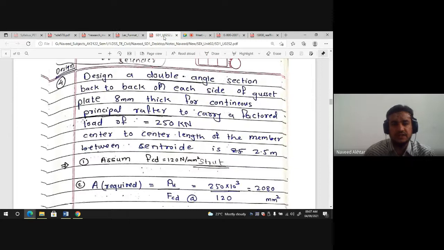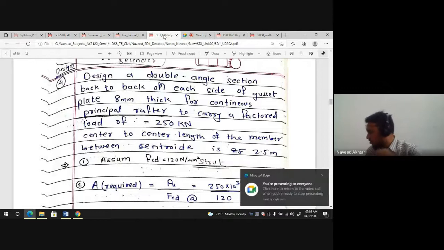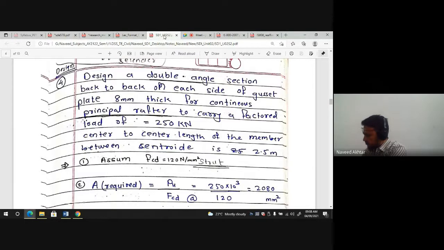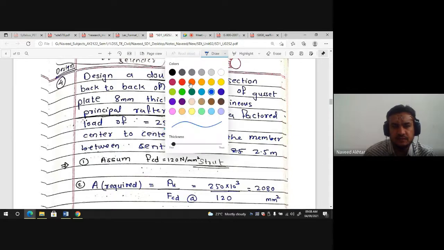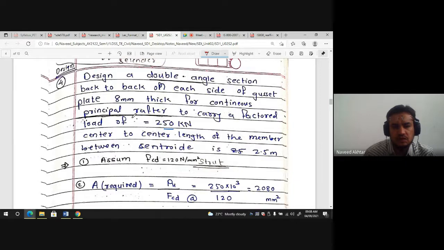Write down this example. Design a double angle section back to back on each side of gusset plate of thickness 8 mm for continuous principal rafter, to carry a factored load of 250 kilonewton.